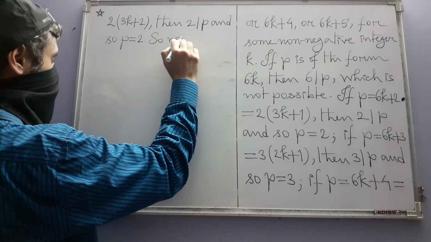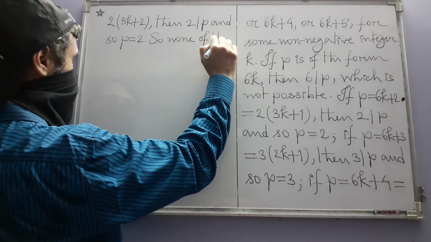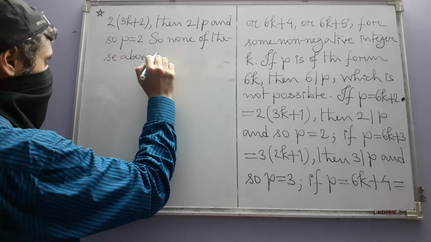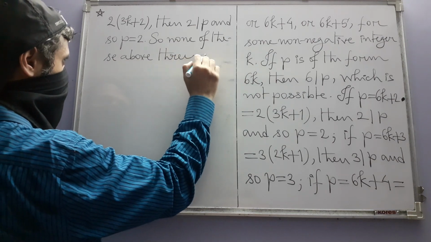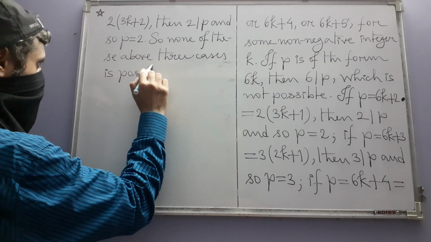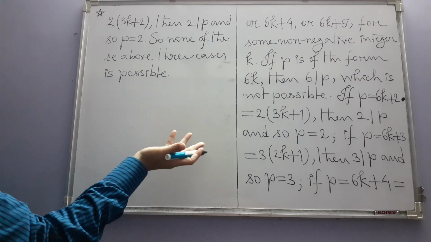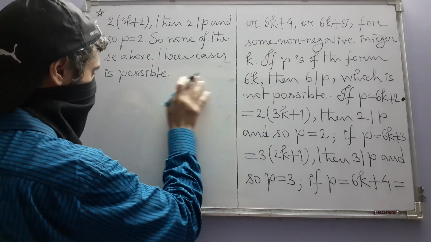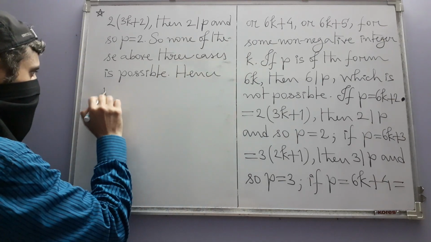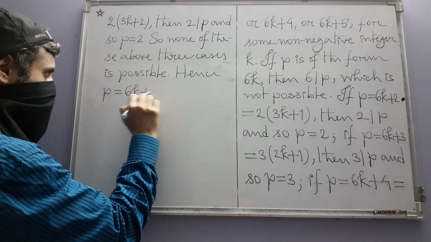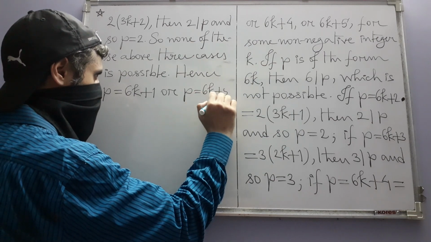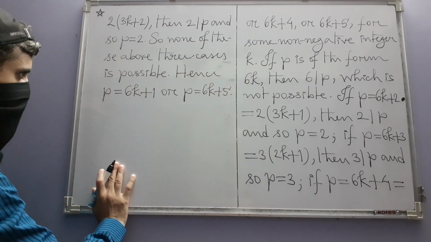So none of these above 3 cases is possible, because p is greater than or equal to 5. That is understood, of course, no need to write it again. Hence p is either 6k plus 1 or p is 6k plus 5, where k is some non-negative integer.